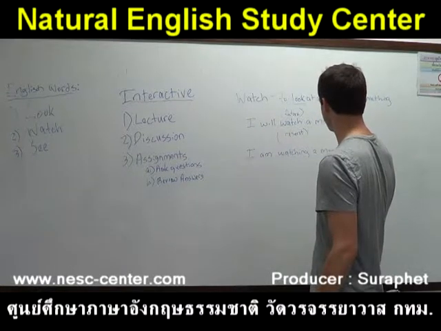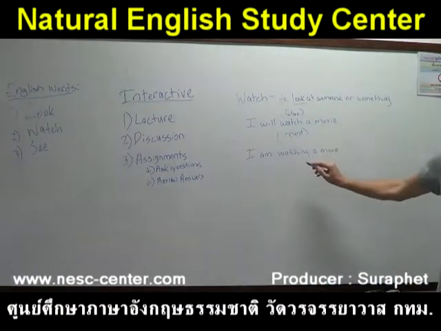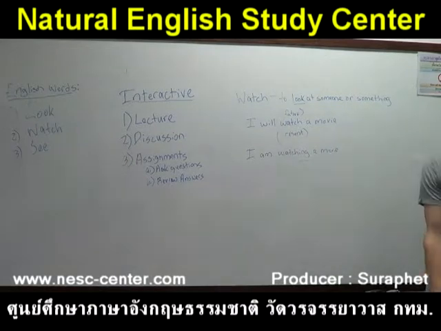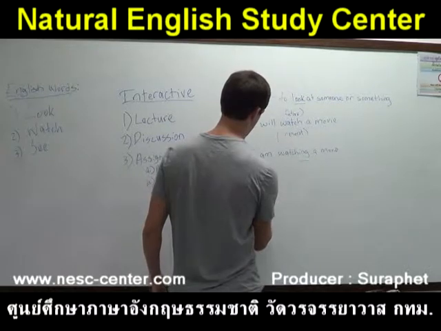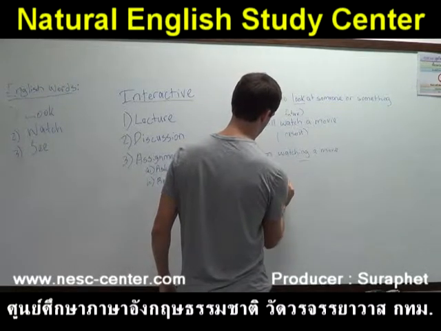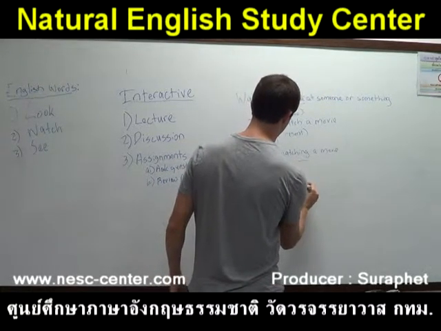In order to make it present tense, you would have to add this ing. Present continuous. Exactly. That's what we're going to be talking about today after we discuss these three words. But why can we use I watch? Well, okay. Let's say you said I watch a movie.